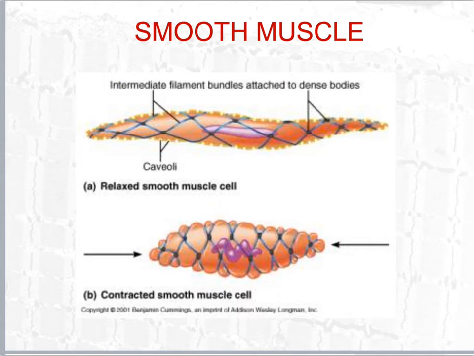They are involuntary. So smooth muscle tends to be, for instance, in the digestive system. They're controlled not consciously, right. So you don't think about digesting your food. It just happens.